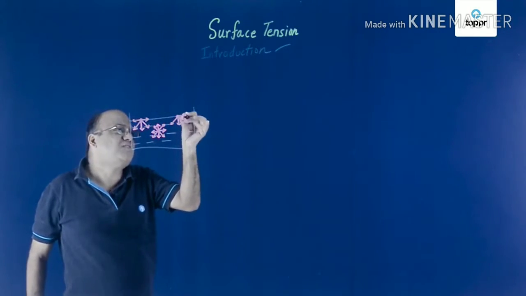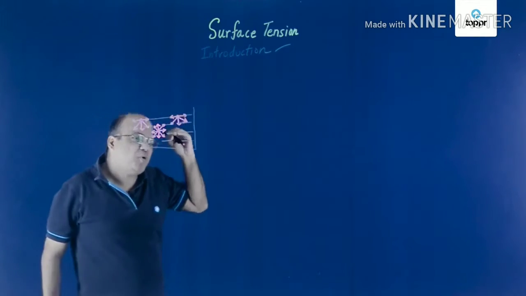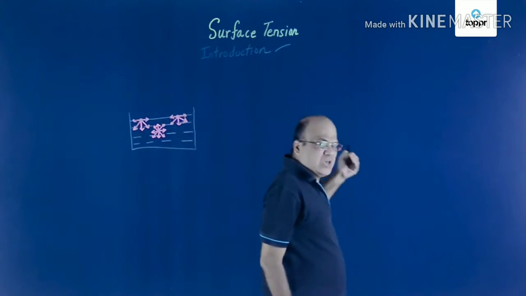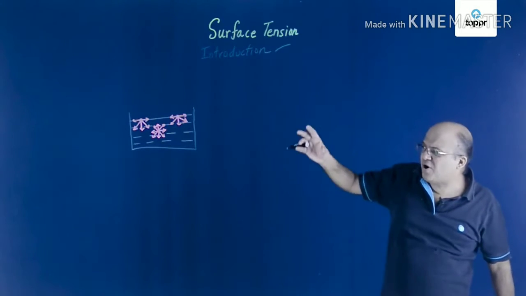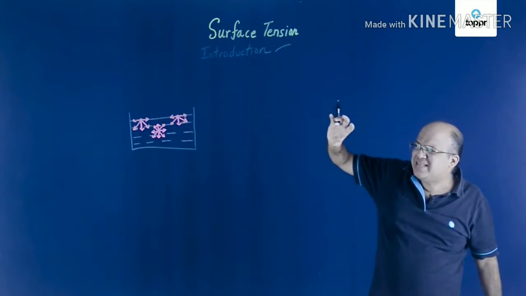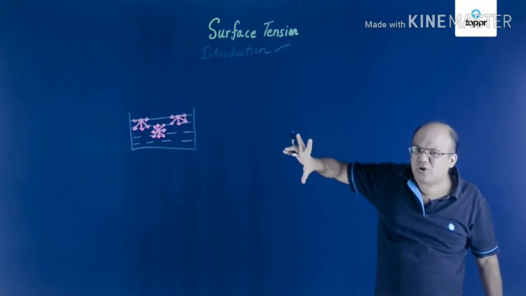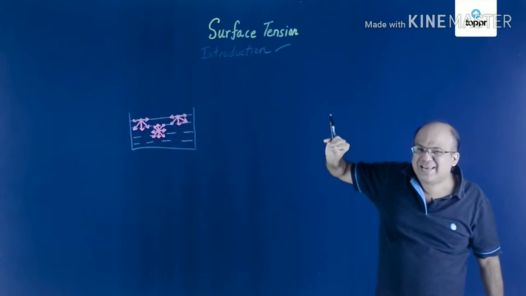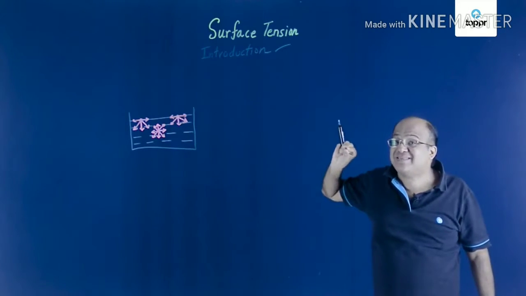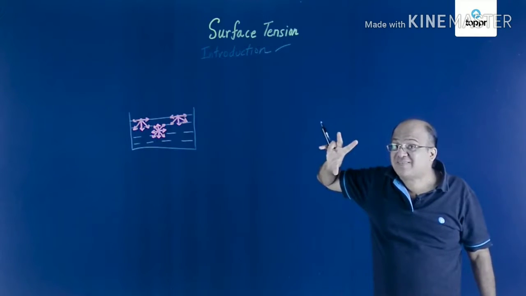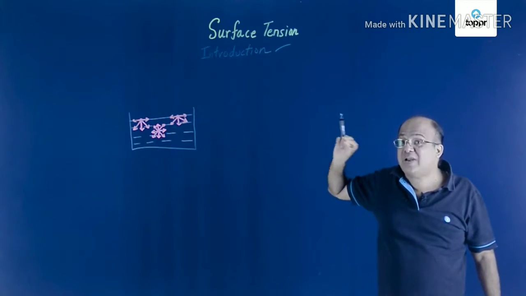So surface tension is a property of a liquid surface because of which the liquids are drawn into the volume and a liquid tries to minimize its free surface as small as possible.